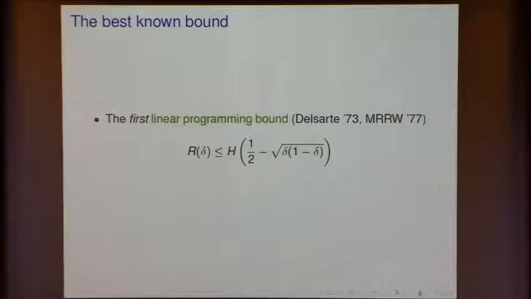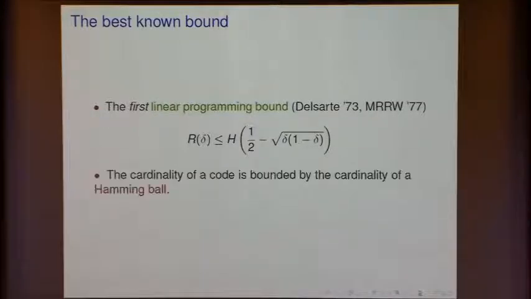Right, so these are the simple bounds. And the best known bound, at least for about half of the distances delta, is this bound due to McEliece, Rodemich, Rumsey, and Welch from 1977, following the linear programming approach of Delsarte.